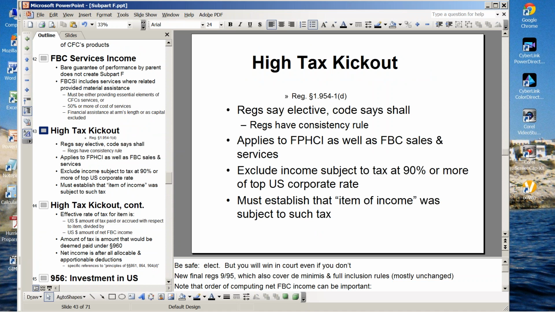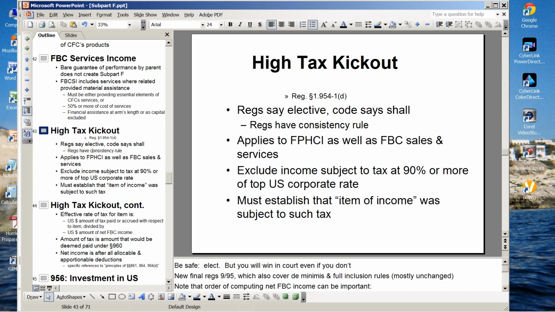One thing I want to talk about very briefly, and it will be in the video that should be coming out hopefully tonight with an improved version this time next week, is the high tax kickout for Subpart F. We talked about high tax kickout in the passive income rules and characterizing the income as high tax to recharacterize it as general limitation instead of passive.